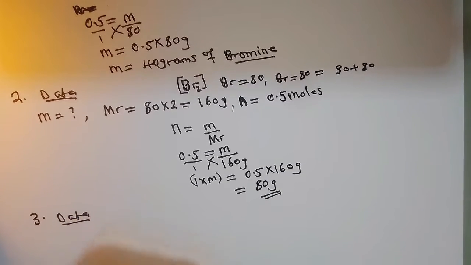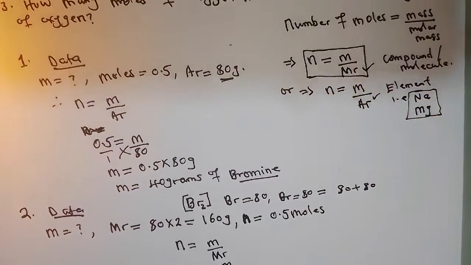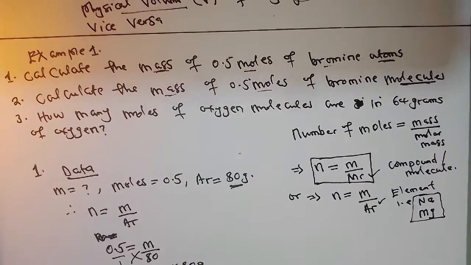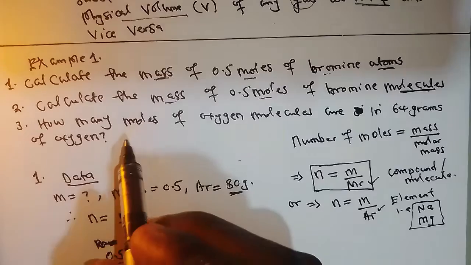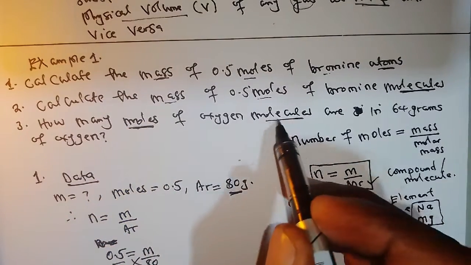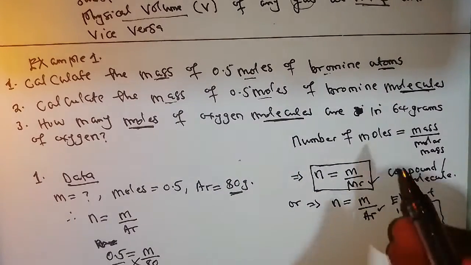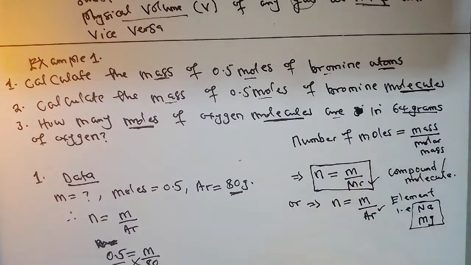Going back to the information that you're given, they're asking how many moles of oxygen molecules. When they say molecules, they are talking about more than one atom of oxygen. So how many molecules are in 64 grams of oxygen?